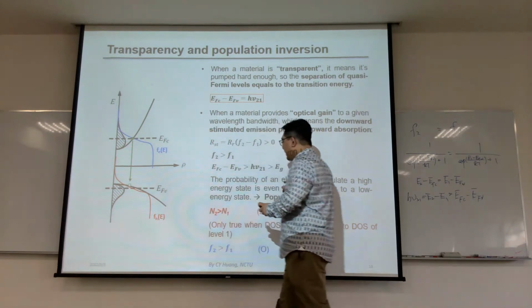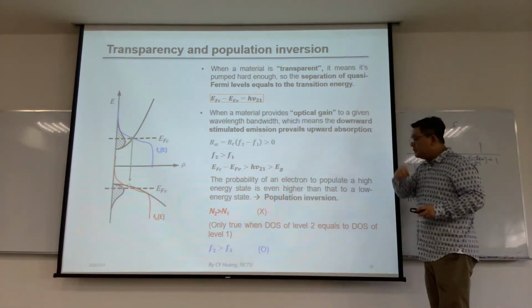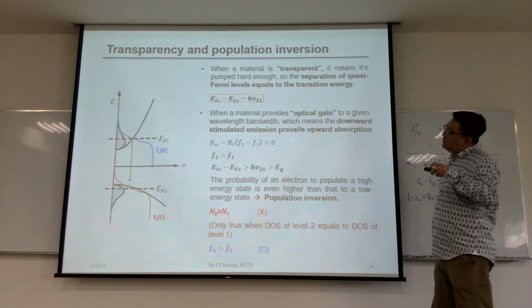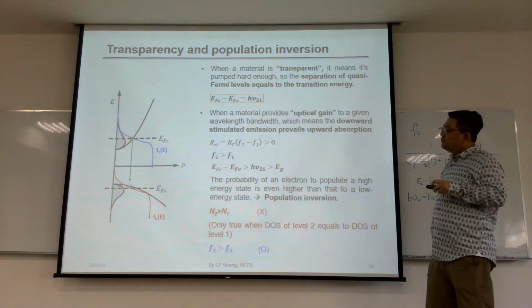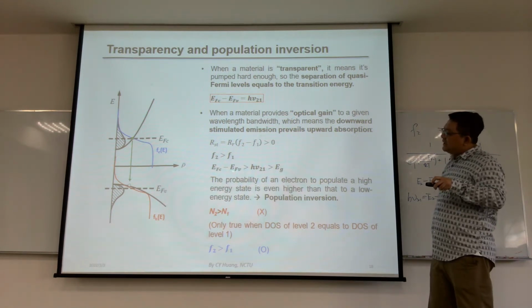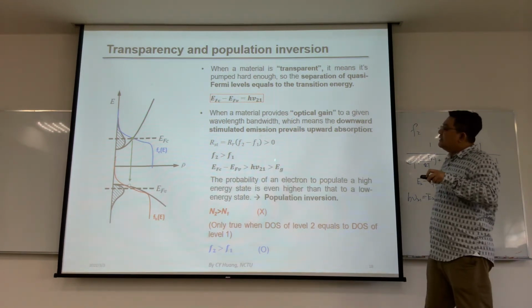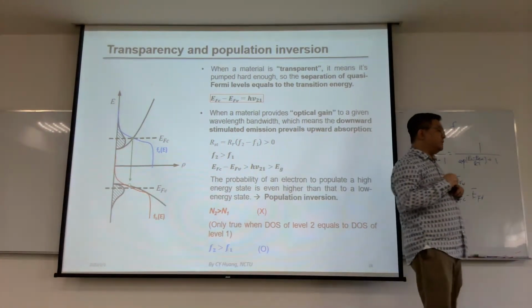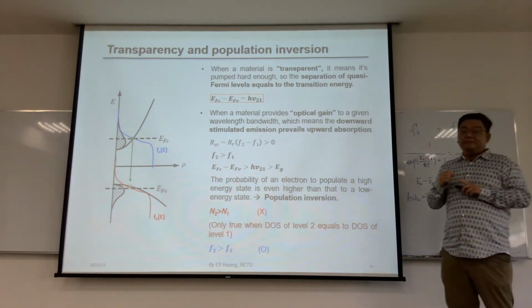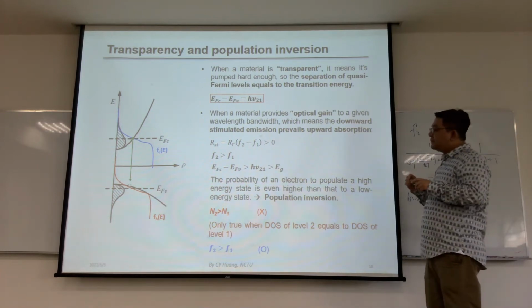Then we call it gain. So if F2 is larger than F1, then your total stimulated emission is positive, so you have some gain.